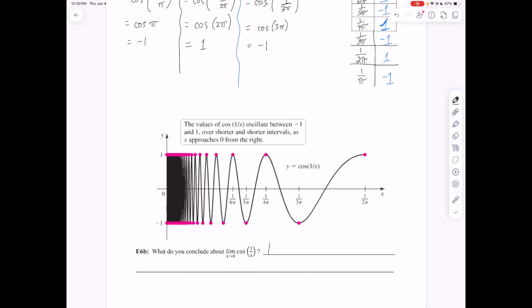So let's go ahead and give a brief explanation here. The limit as x approaches 0 from both sides of the cosine of 1 over x does not exist because we know that the limit as x approaches 0 even from the right-hand side of this function, cosine of 1 over x, does not exist.